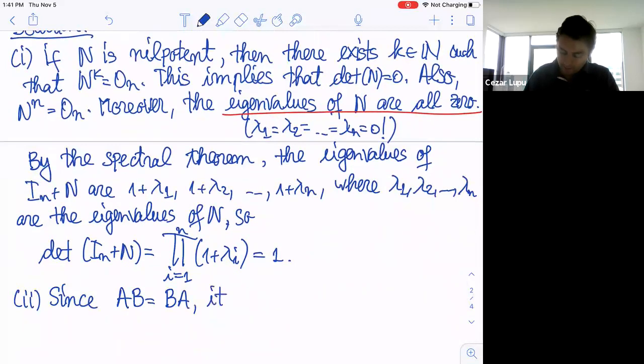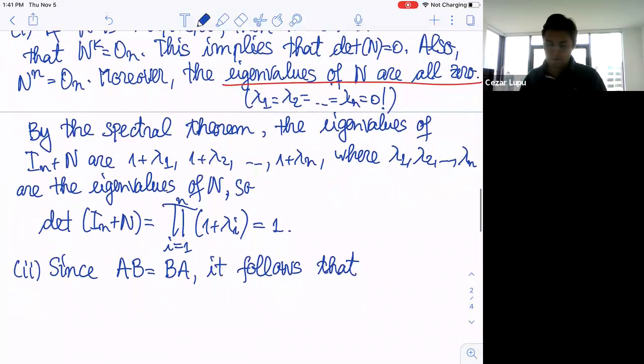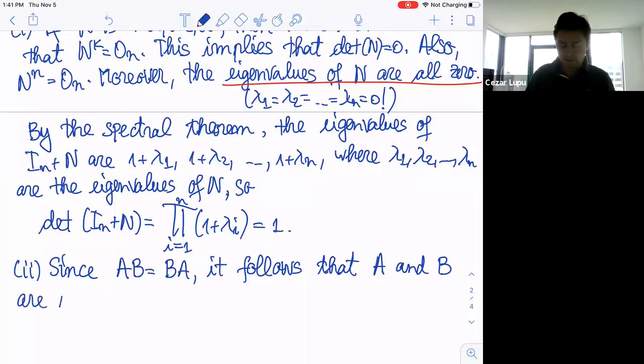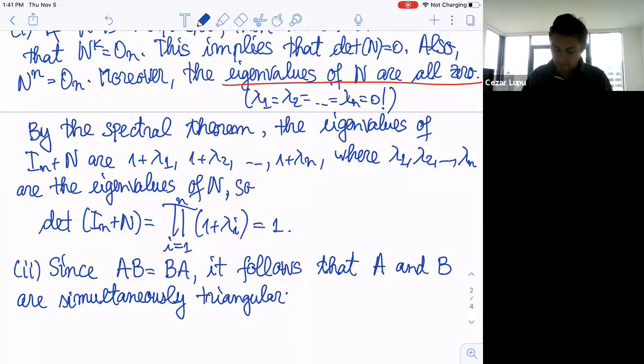It follows that A and B are simultaneously triangularizable, right?